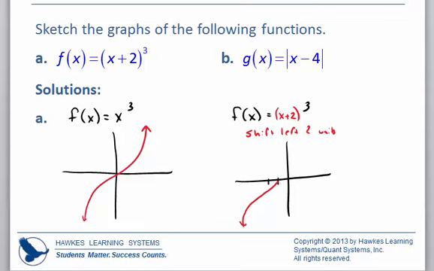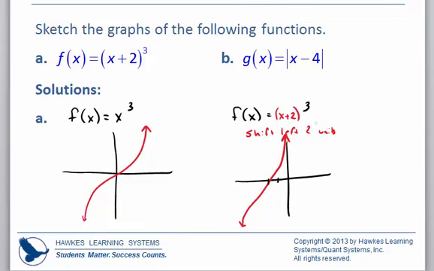It's going to cross at -2. And then go up. And so the entire graph is going to have shifted 2 units to the left.